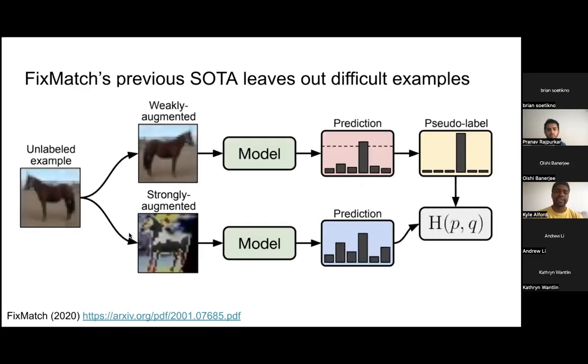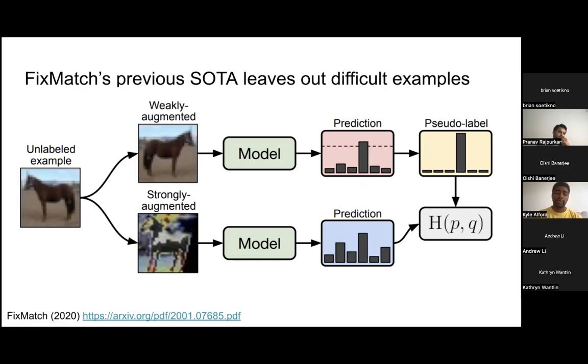Really quickly, this is the framework for FixMatch. This is very important because, like I said, it is what DoubleMatch builds off of, so their framework will look very similar. For the unlabeled example, it takes the image and splits it into a weakly augmented and a strongly augmented image, and pushes both through a model.